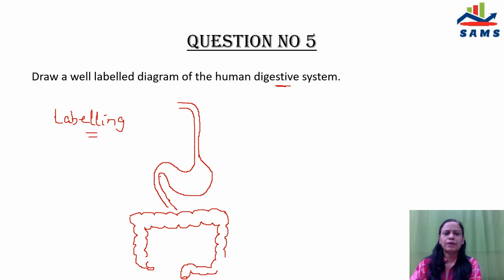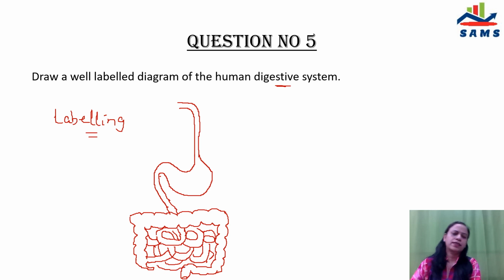So while drawing the diagram, always remember that the labeling needs to be proper and on one side, as I have been telling you repeatedly, that the labeling should be done very, very neatly. So you can just mess it up here because it's all coils of the intestine, small intestine, that are placed inside this cavity, the abdominal cavity. And finally it's connected over here. So this is how you will be drawing this diagram.